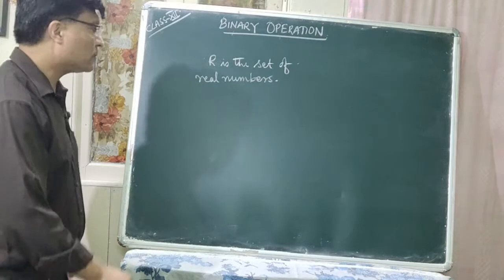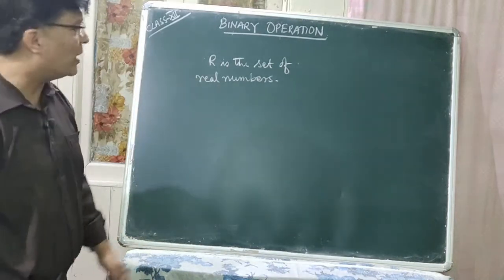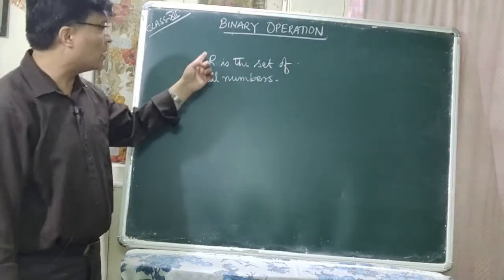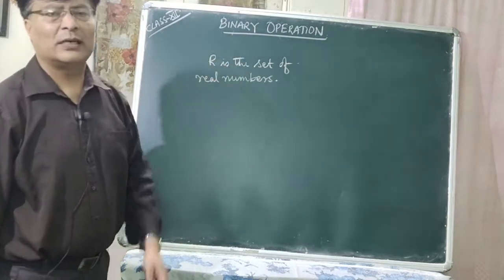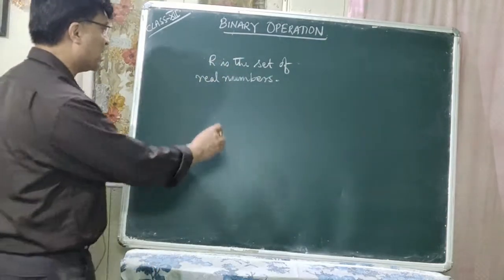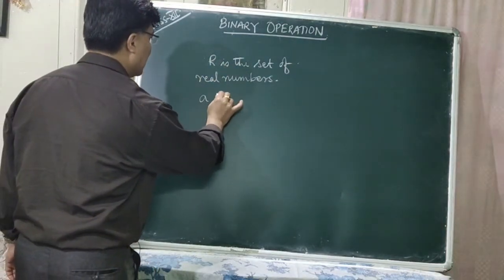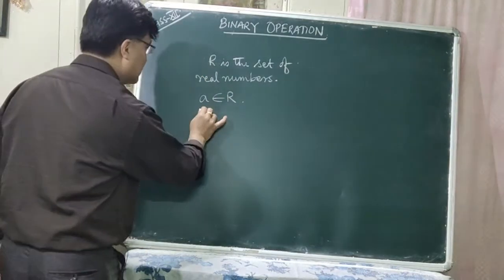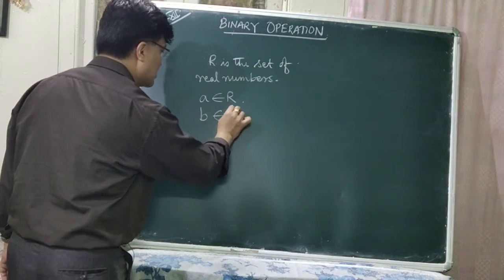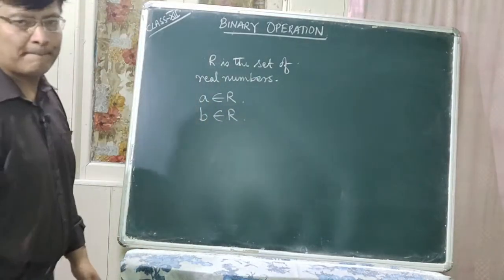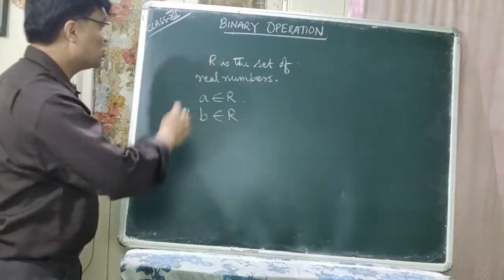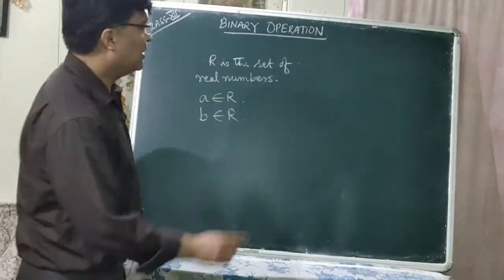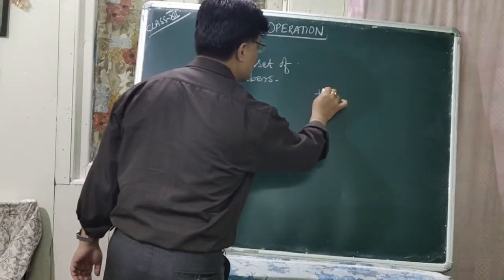Okay, so let us take two elements that belong to these real numbers. Let us take a that belongs to the set of real numbers, and let us take b that belongs to the set of real numbers.